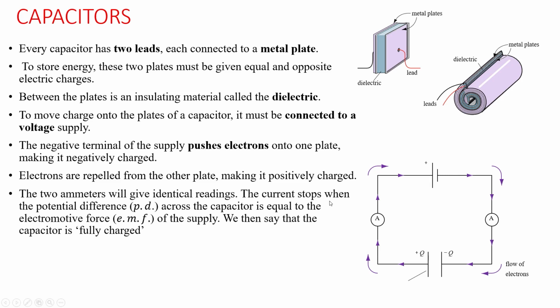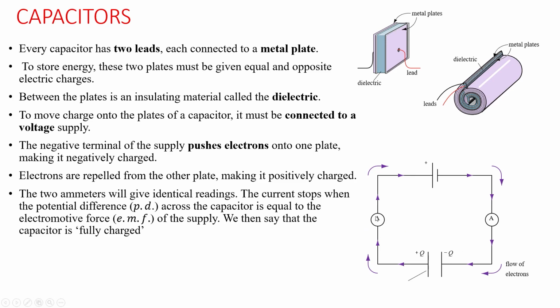The current stops when the potential difference across the capacitor is equal to the electromotive force of the supply. So the flow of electrons will continue towards the capacitor, such that the emitter, what is an emitter? An emitter is a device that measures the flow of electrons.